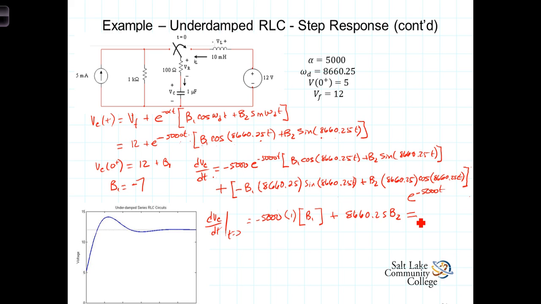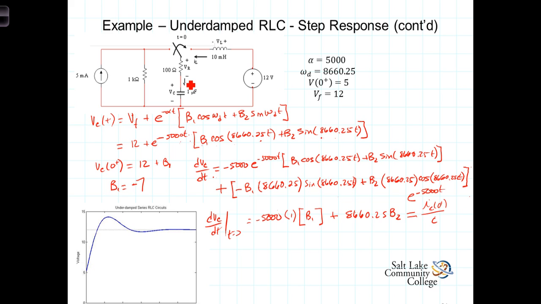is going to equal dv sub c dt evaluated at t equals 0, which from previous experience we know has got to equal I sub c at 0 plus divided by c. Now we'll recall from the previous page that the current through the capacitor right after it switched was 0 because it is in series with the inductor.